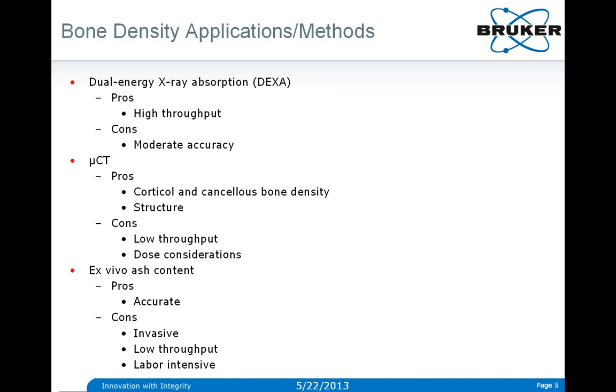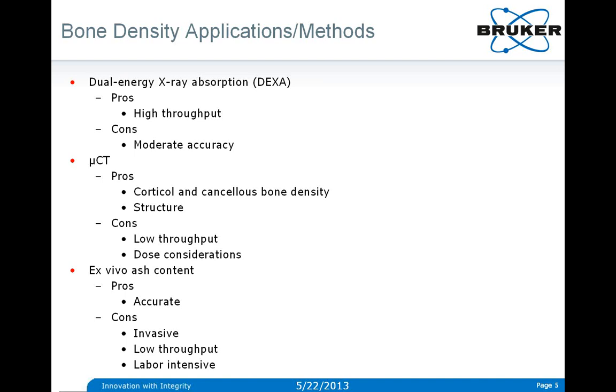The second common technique is micro-CT. This is another X-ray imaging technique, and essentially this is a multi-projection imaging method. After a multi-projection X-ray acquisition is completed, the images are reconstructed to generate a tomographic, computed tomography image, and with appropriate calibration, bone density measurements can be made.